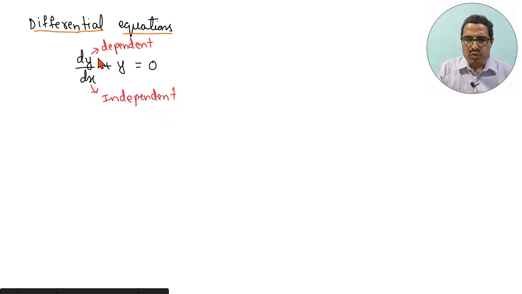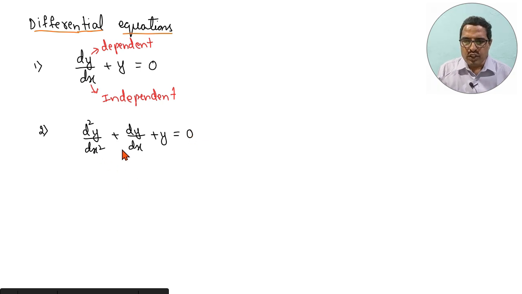So an equation which contains the derivative of a dependent variable with respect to an independent variable along with a few other parameters is called a differential equation. Let us take another example. Suppose you have d square y by dx square plus dy by dx plus y is equal to 0.